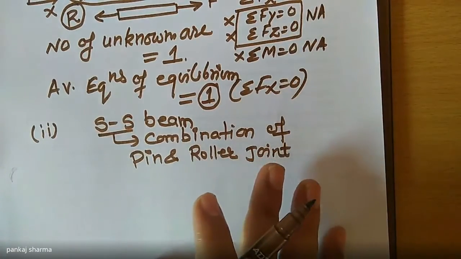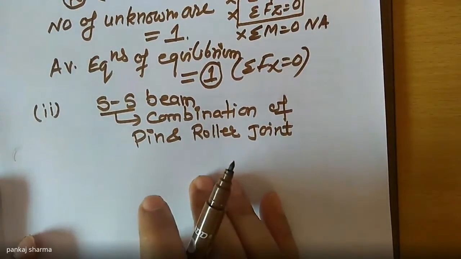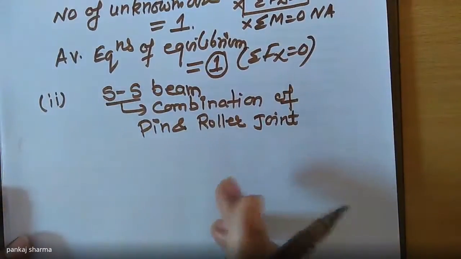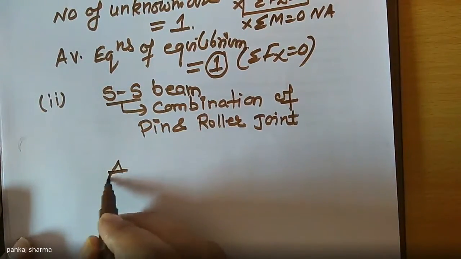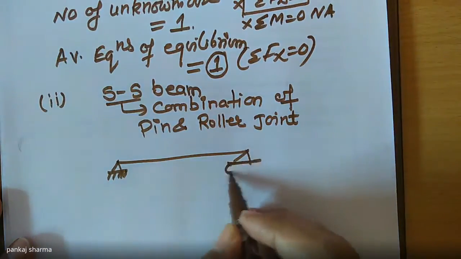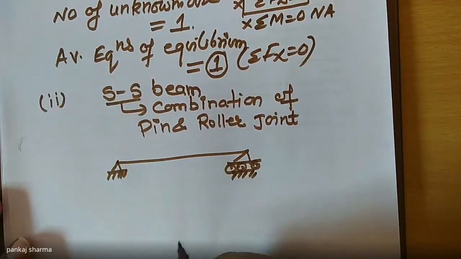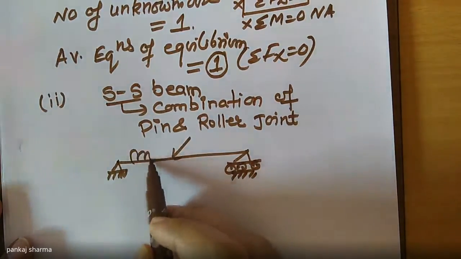We all know the properties of the pin and roller joint. So it is a pin joint, this is the symbol of the pin joint, the symbol of the roller joint is here, and there is some kind of load.